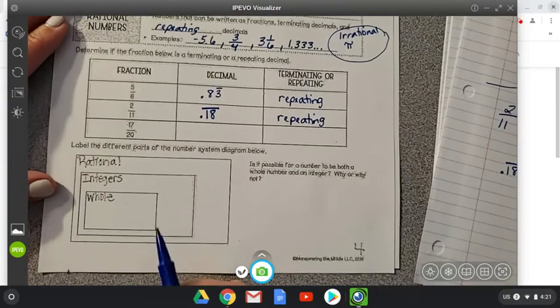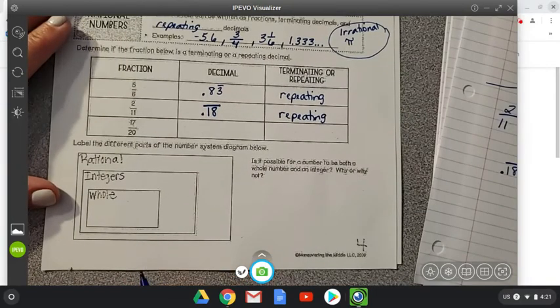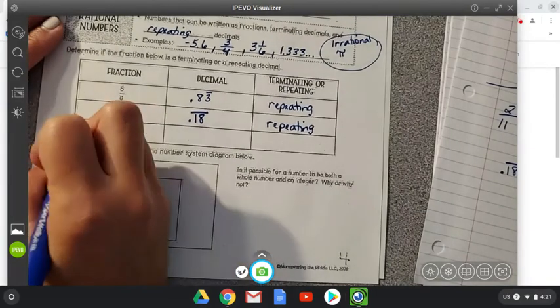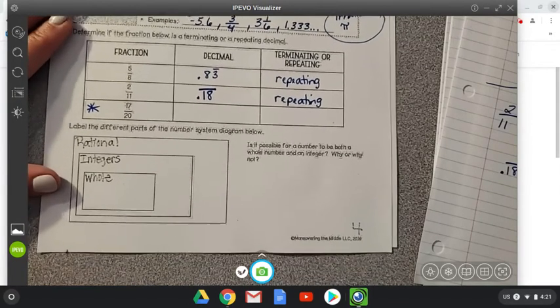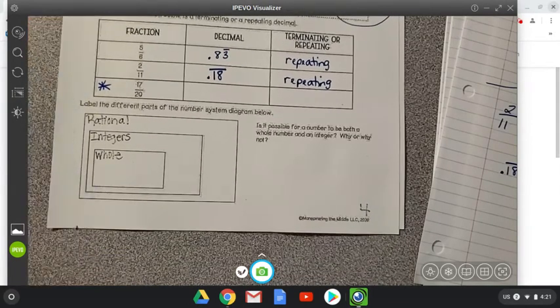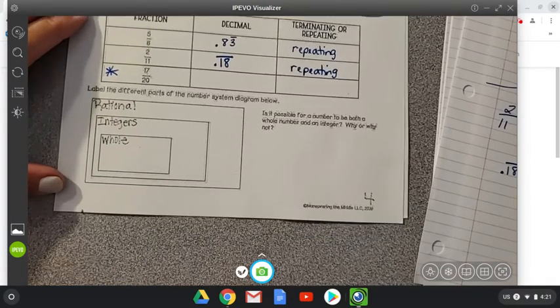Okay. Now I'm going to have you guys do 17 divided by 20. So you'll do this on your paper and then answer it also on the Ed puzzle. Okay.